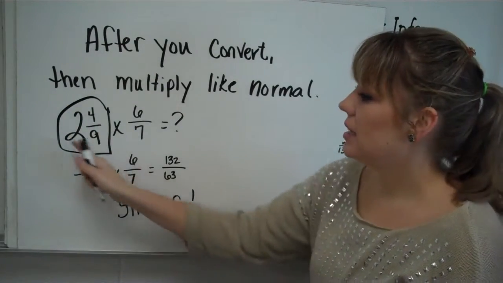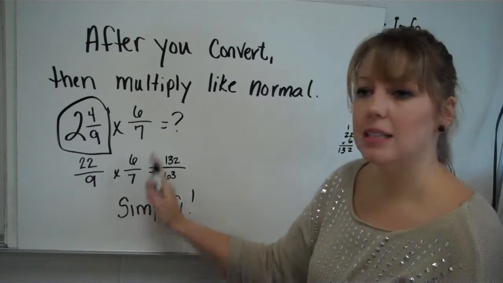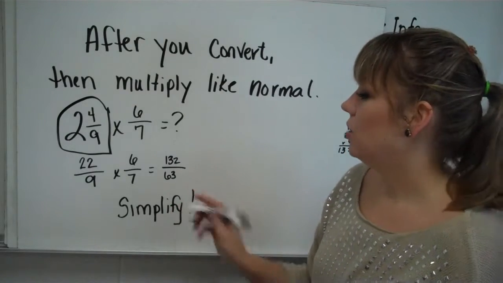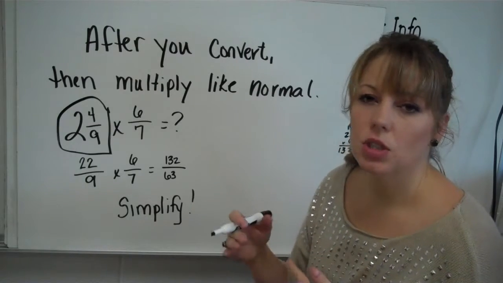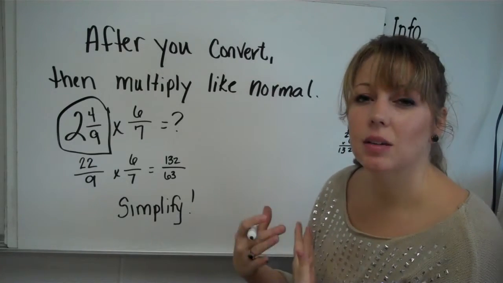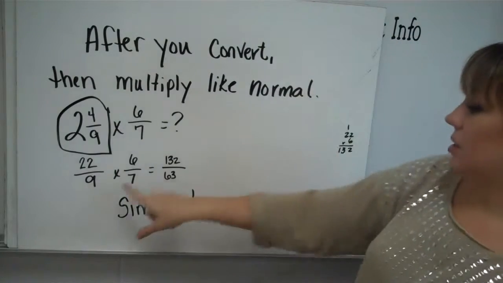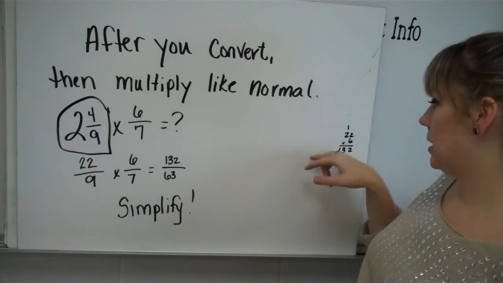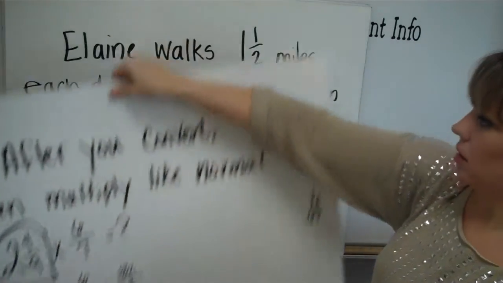When you change that to improper, you get 22/9 multiplied by that 6/7 that you had before, because it's in perfect format to use, and you get 132/63. Now you would just divide that to put it back into mixed, and you're finished. Okay? And you see that even I had to do work over here to figure out what 22 times 6 was. So if you have to do work to the side, that's fine.